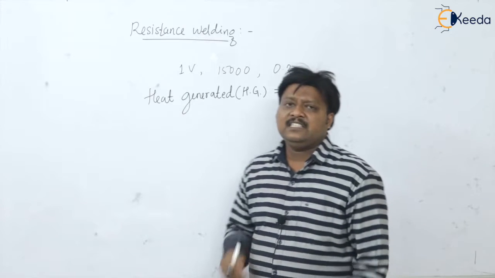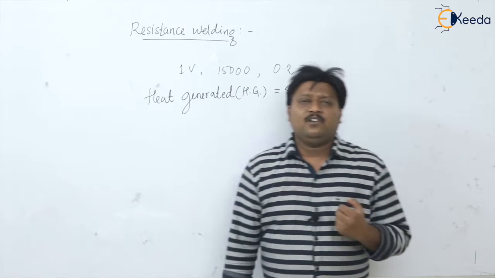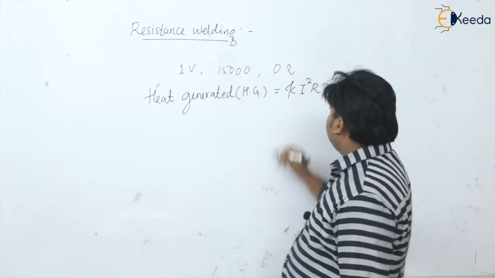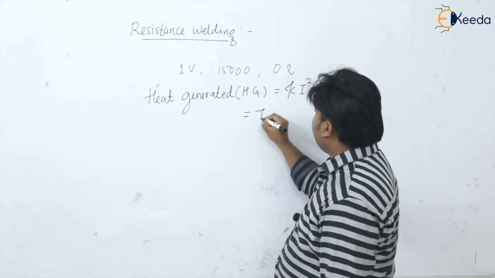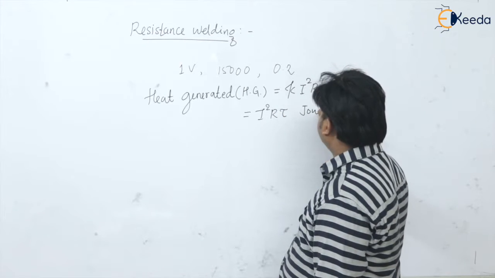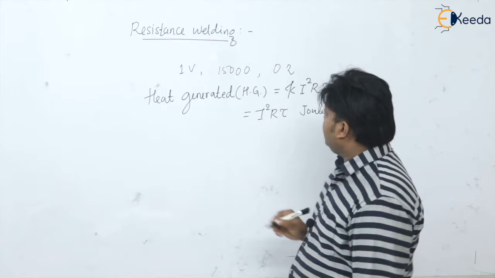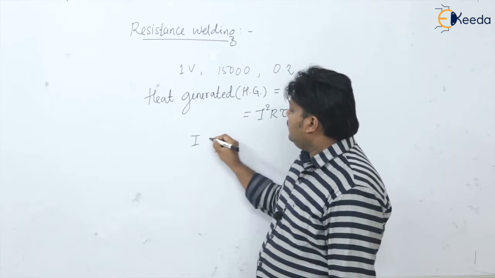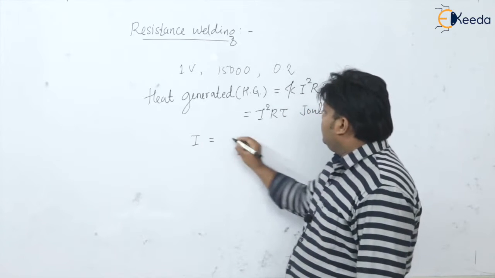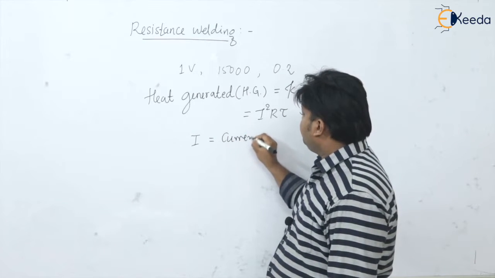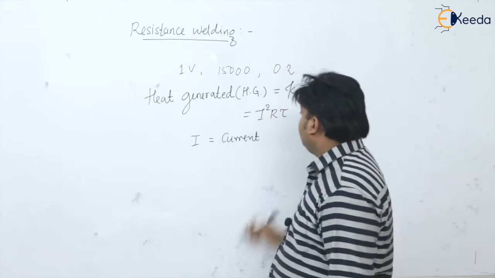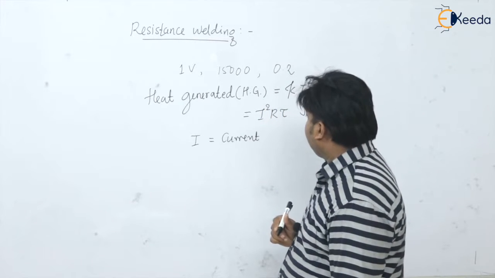Definitely K is the constant accounting for the heat losses, but generally we write I square R times tau in joules, where I is the current flowing into the circuit or joint. This is a very high current. Please remember, very high currents.